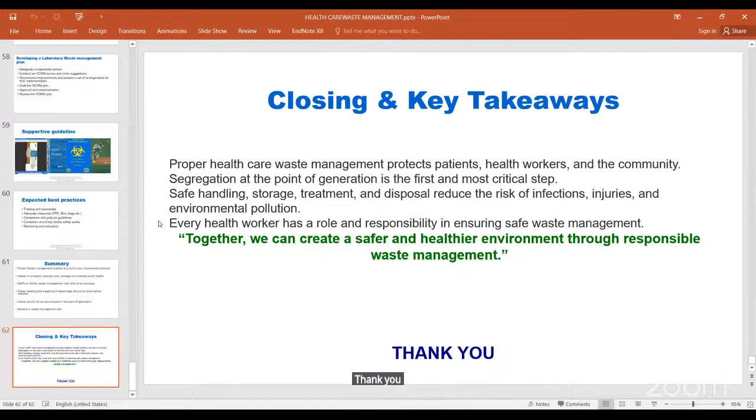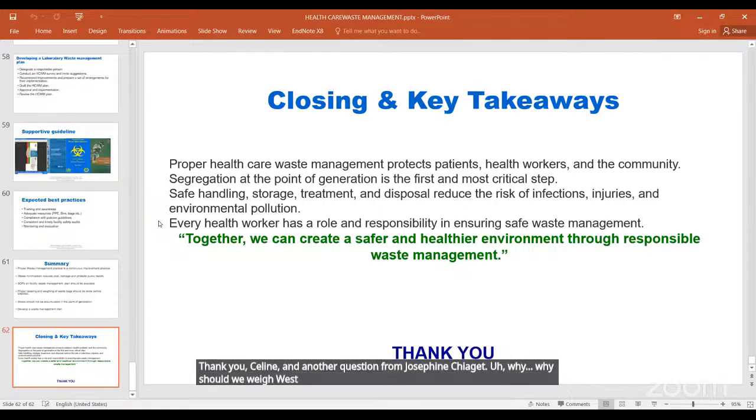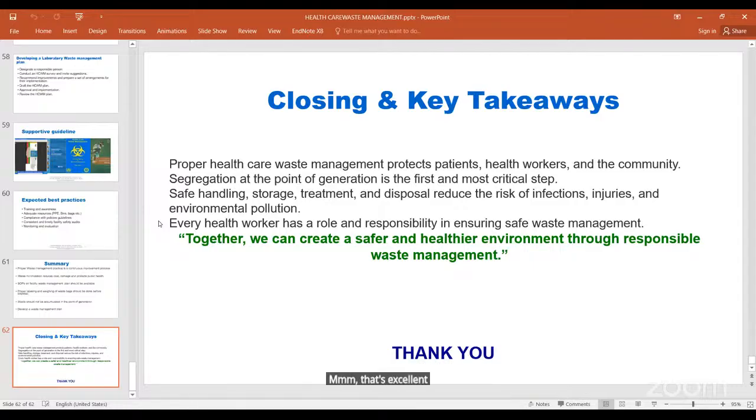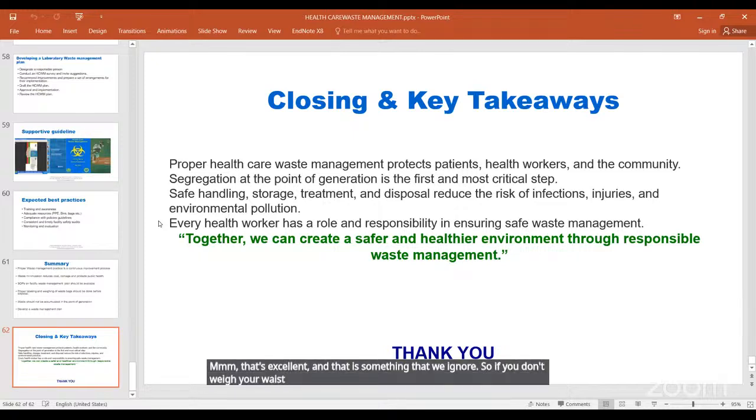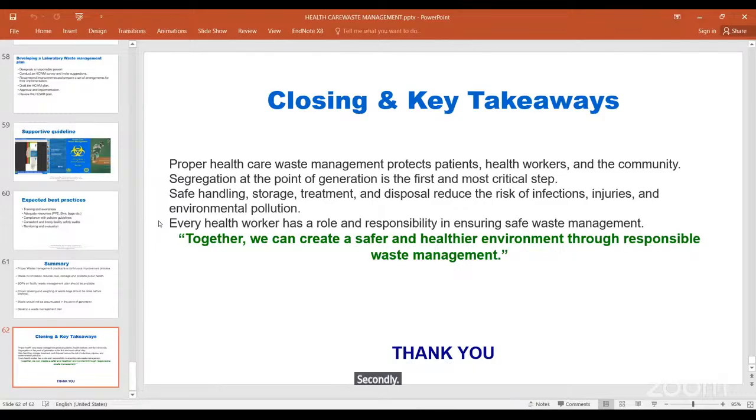Thank you, Celine. Another question from Josephine Kiarie. Why should we weigh waste before disposal? That's excellent, and that is something that we ignore. If you don't weigh your waste, how will you account for your waste in the first place? Secondly, how will you even dispose of your waste?